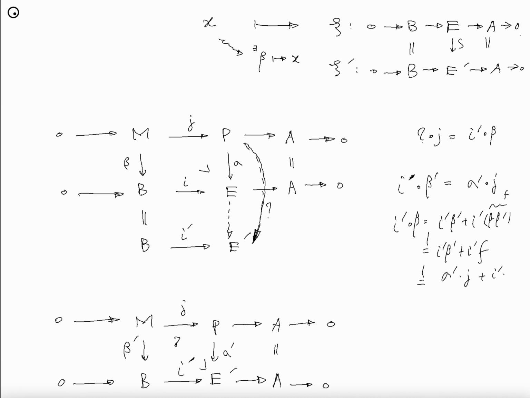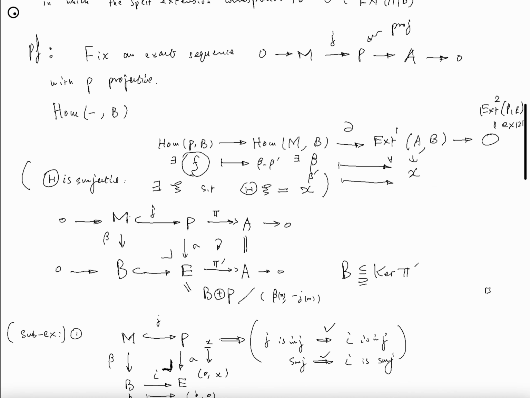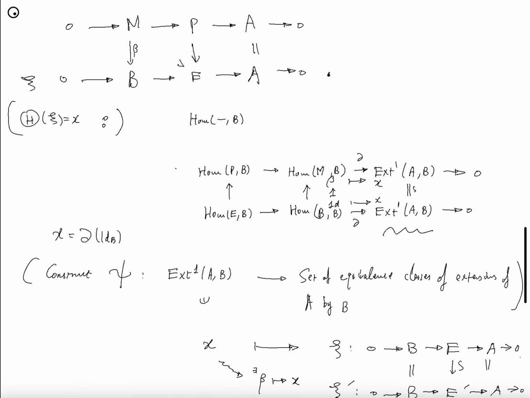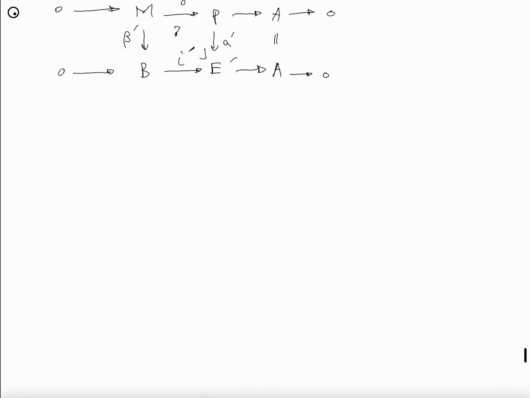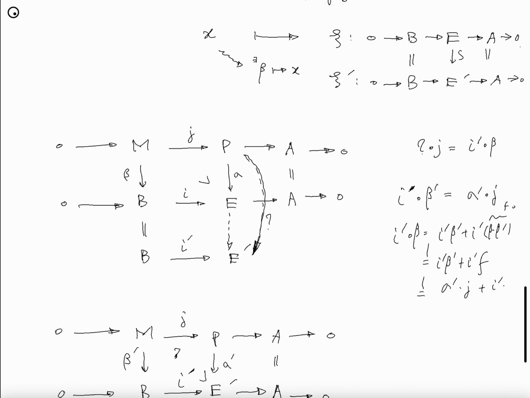Sorry, a small mistake I made is that this is telling you F is mapped. So this map is, you have M to P and then you have some P to B, call it F, and this composition is F composed with J. And so this is telling you FJ equals beta minus beta prime. This is FJ. So this is I prime FJ.